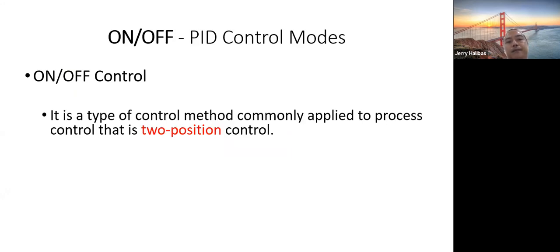On-off is a type of control method commonly applied to a process control that is two-position control. Way back, let us say 20 years ago, if you're familiar, who here is from Medina or Hinigaran?